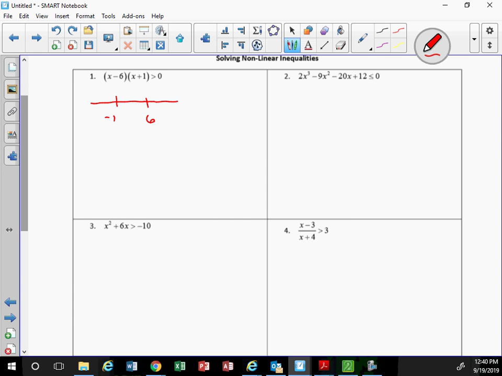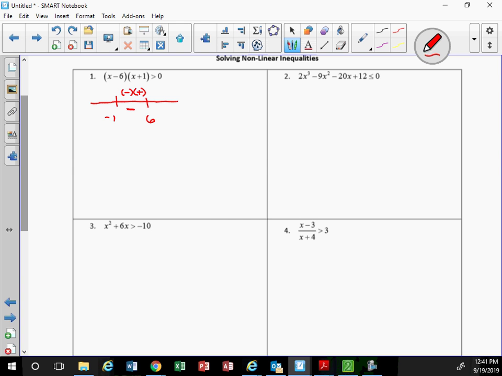Isn't 0 nice and easy to plug in? And silly question, but where is 0 on the number line I just drew? Like which section? In the middle. That's the region I am testing right now. So if I put a 0 in, 0 minus 6 is negative. 0 plus 1 is positive. So overall, that region is negative.